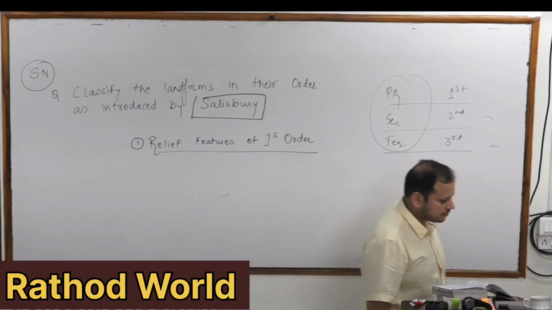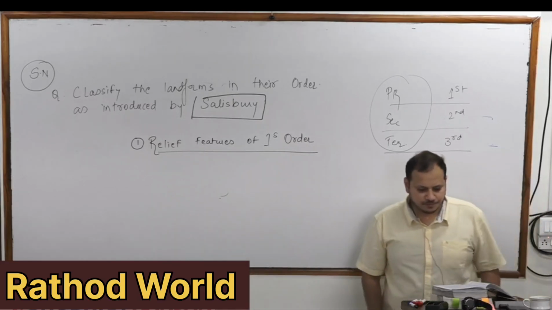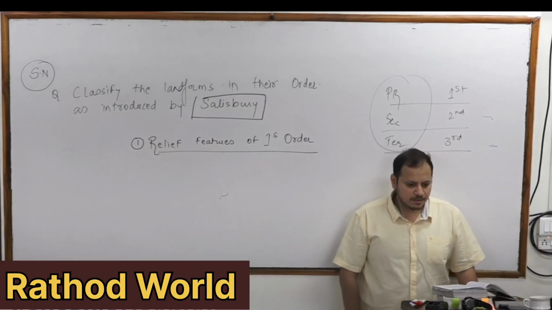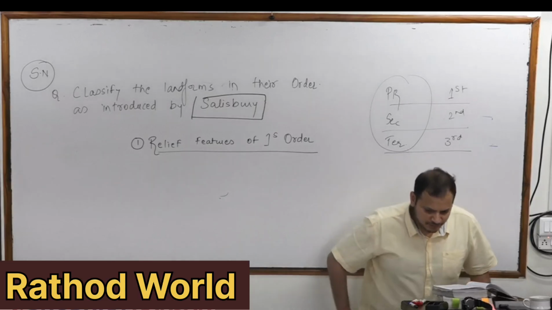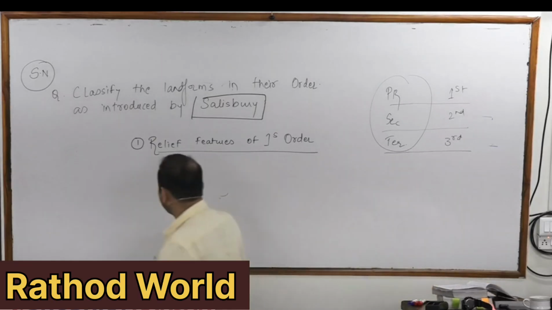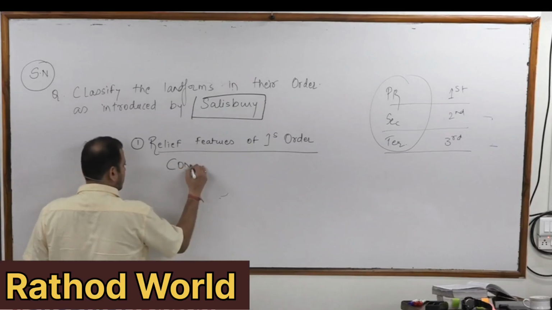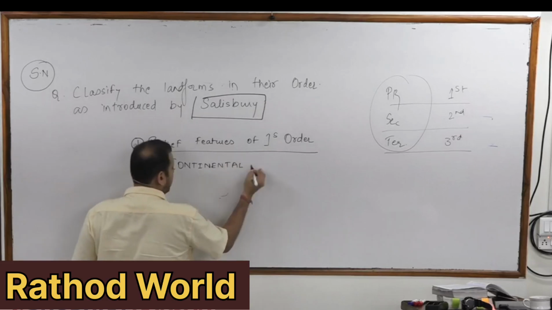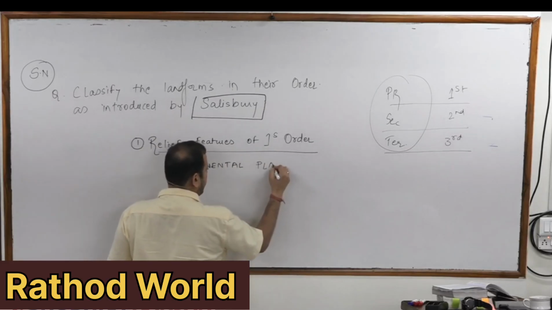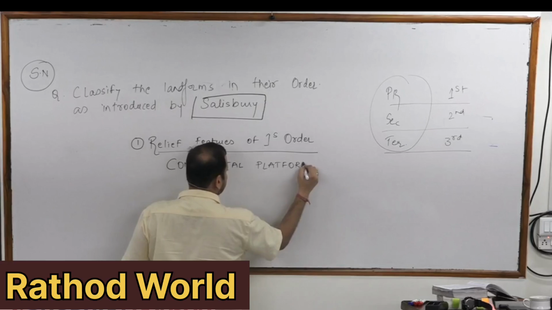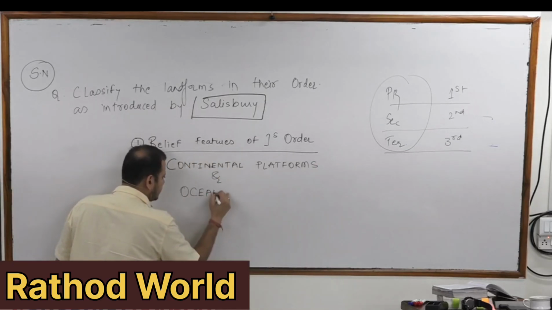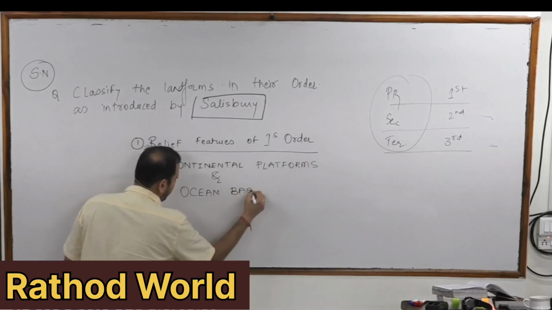This includes two major features, continental platforms and ocean basins.